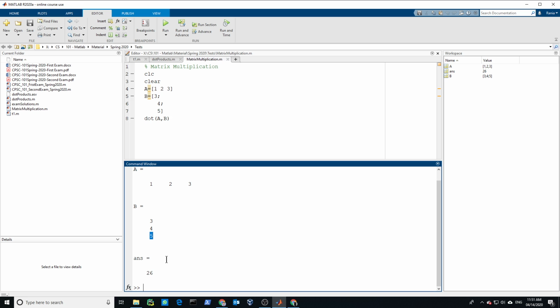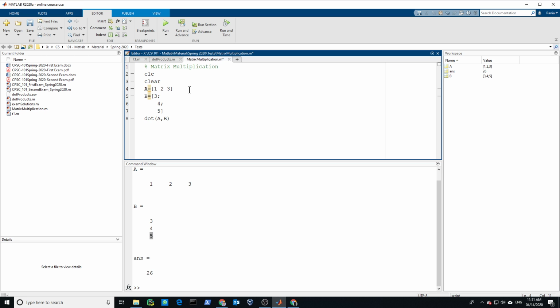So let's take a look at the size of this matrix. It's one row times three columns.